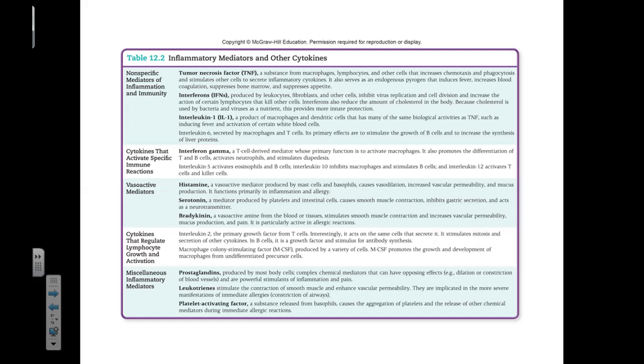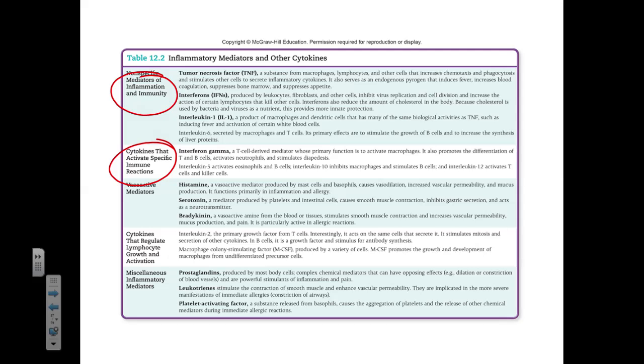So if we look at our cytokines, you can see that there's a long list on this table with specific kinds of cytokines such as interleukin-1, interferon gamma, bradykinin, histamine, prostaglandins, leukotrienes. I do not want you to focus on the specific kinds of cytokines. I want you to focus on these big headers.